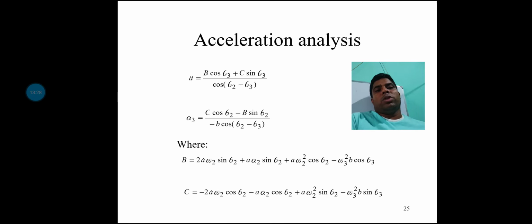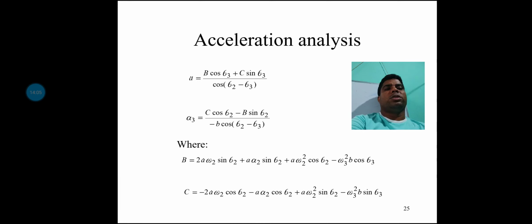And now, in a similar way, we have to calculate the acceleration analysis. A is equal to b cos sigma 3 plus c sin sigma 3, whole by cos(sigma 2 minus sigma 3). Now A is equal to c cos sigma 2 minus b sin sigma 2, whole by minus b cos(sigma 2 minus sigma 3), where b is equal to 2a omega 2 sigma 2 plus a alpha 2 sin sigma 2 plus a omega 2 square cos sigma 2 minus omega 3 square b cos sigma 3.